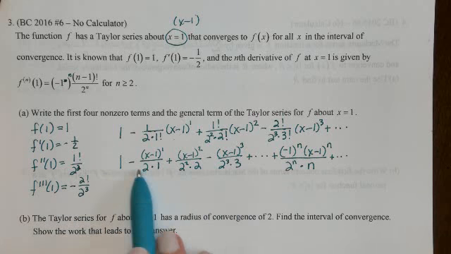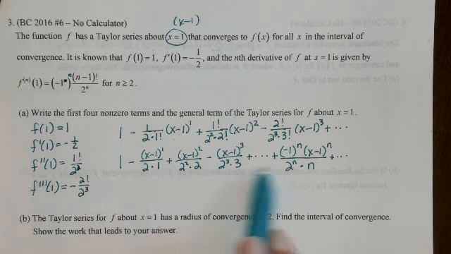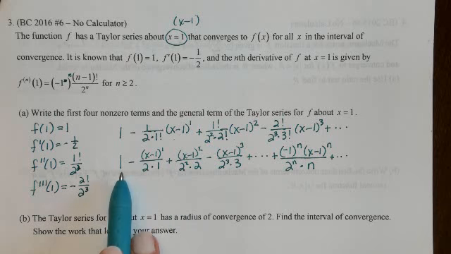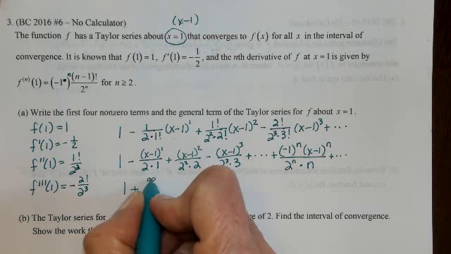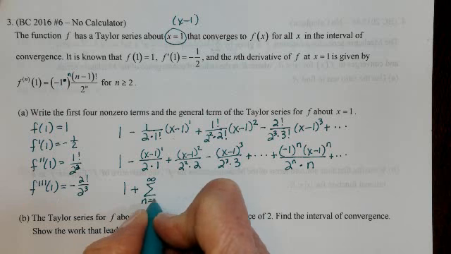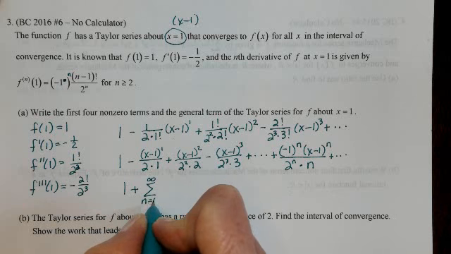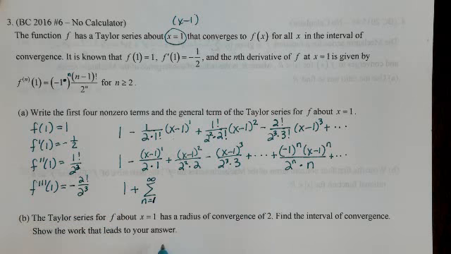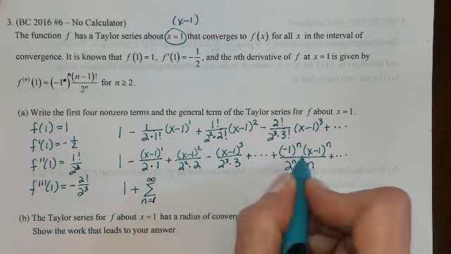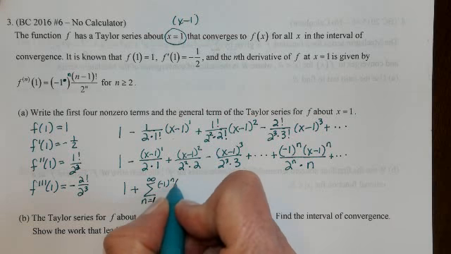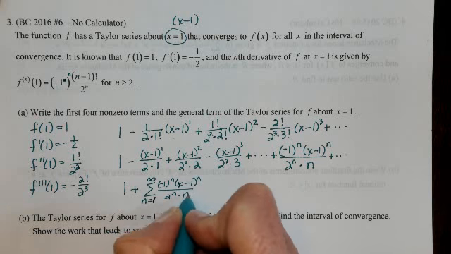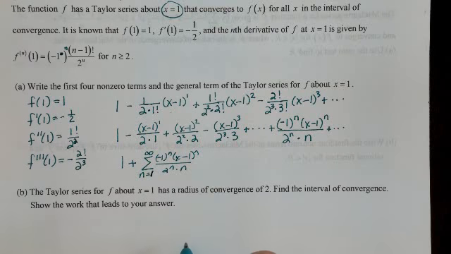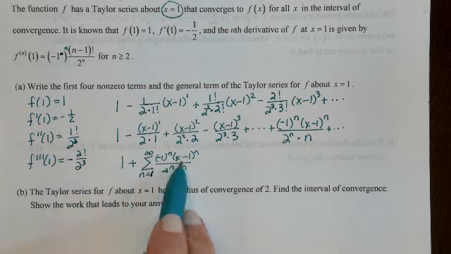So this is absolutely the correct answer, even though it does not work for that very first term, because I could write this as 1 plus the sum, if I start n at 1 for this next one, of that general term. Okay? And that's fine to do that.